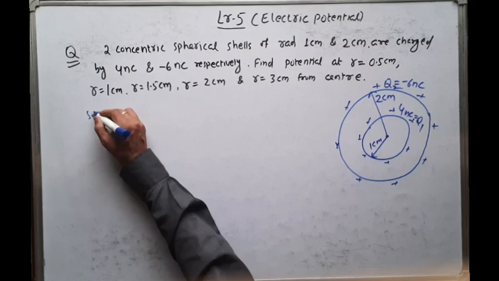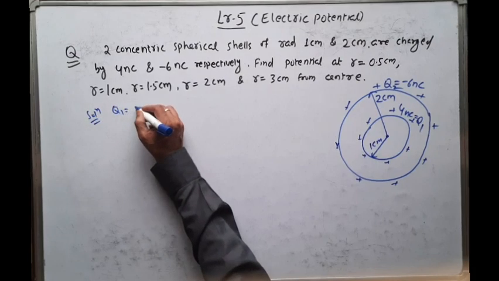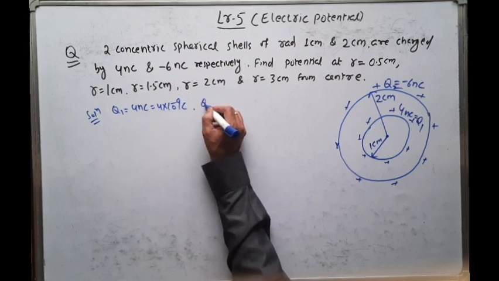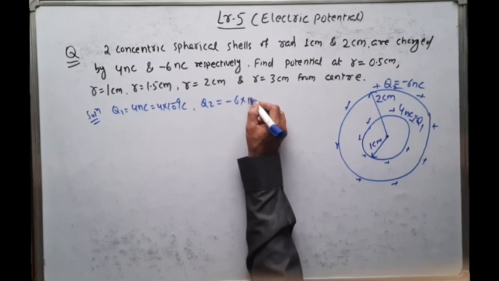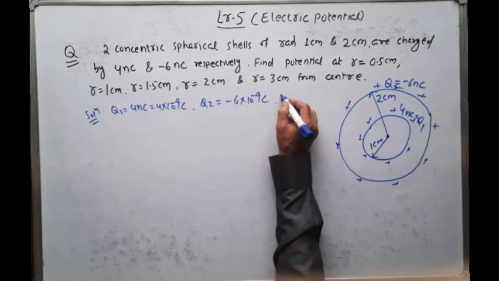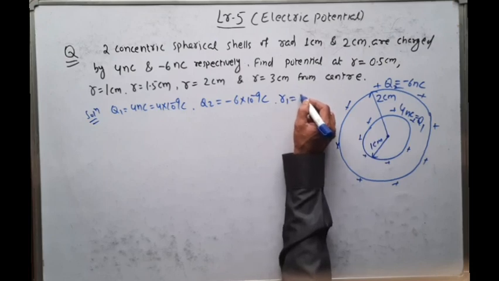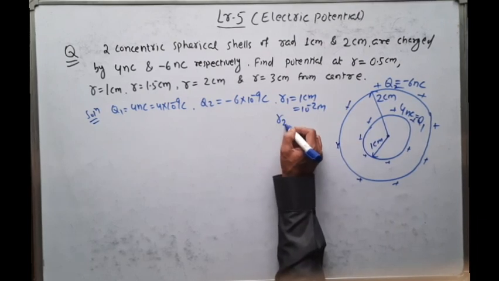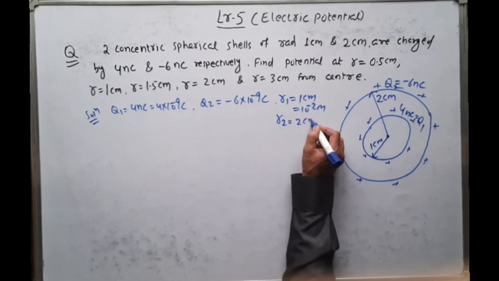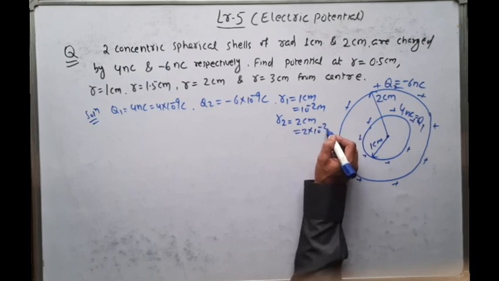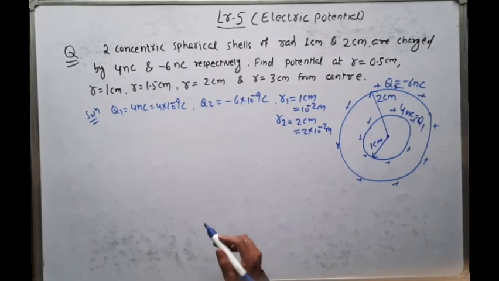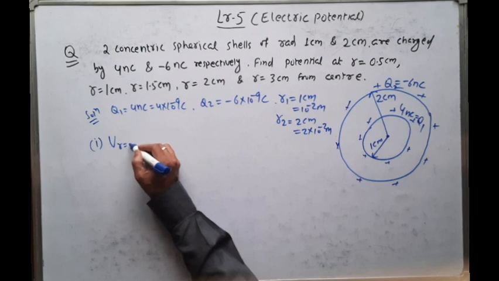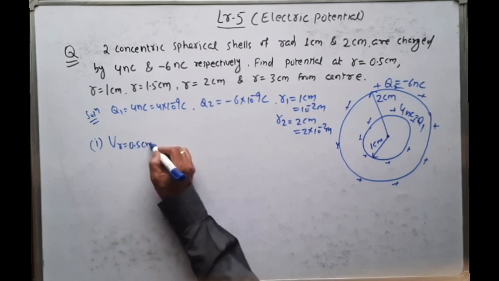So here you see the Q1 is equal to 4 nanocoulomb, nano means 10 to the power -9, and Q2 is equal to -6 nanocoulomb, that is 10 to the power -9 coulomb. The internal radius is equal to 1 centimeter, which is equal to 10 to the power -2 meter. The external radius is R2, which is equal to 2 centimeter, that is 2 into 10 to the power -2 meter. Okay, so first we have to find the potential at R is equal to 0.5 centimeter.